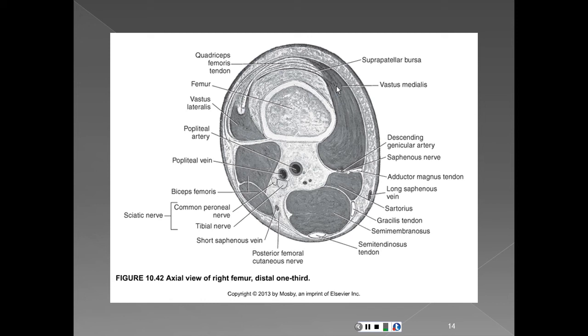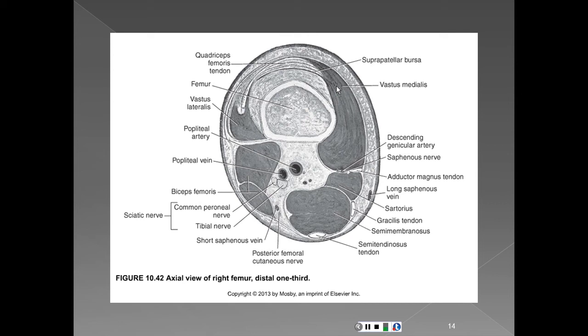The superior ends of the four heads arise from different locations, but their inferior tendons merge to form the quadriceps tendon that covers over the patella. So when people talk about their quads, they're talking about the largest muscle group, covering almost the entire anterior surface of the leg.